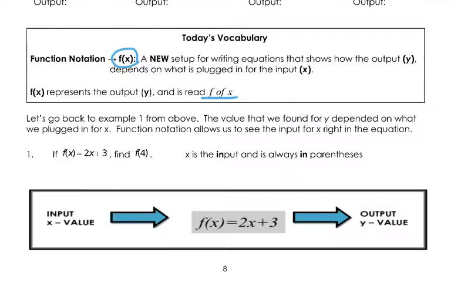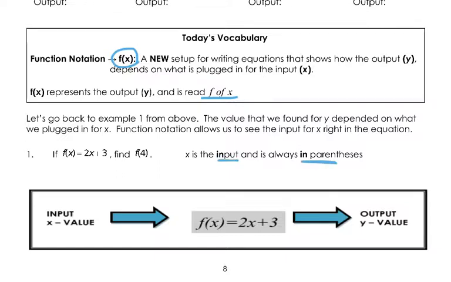Okay? So if we look back at that first example we had above, the value that we found for y depends on what we plugged in for x. Function notation allows us to see the input of x right in the equation. So, for example, as we had before, if f of x is equal to 2x plus 3, find f of 4. Okay, so x, if you notice, is the input, and is always in the parentheses.